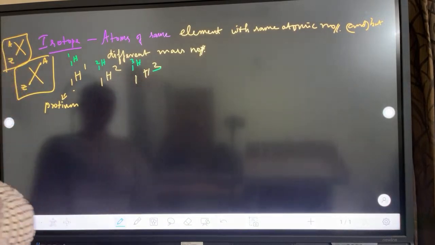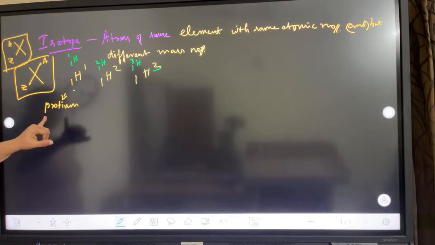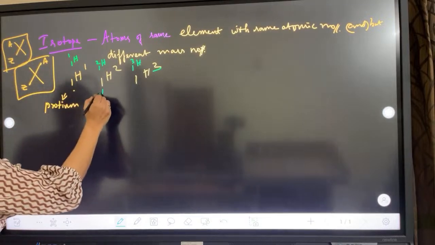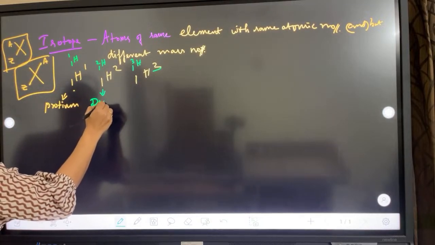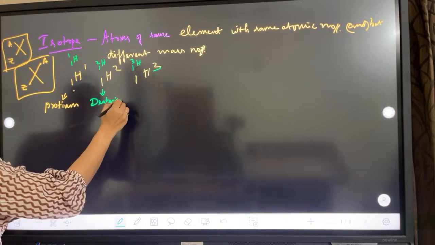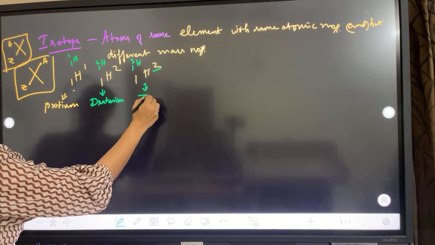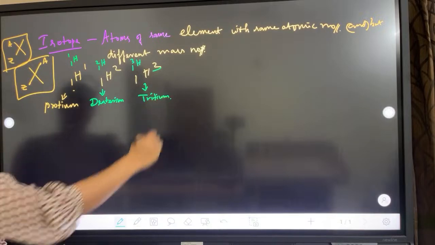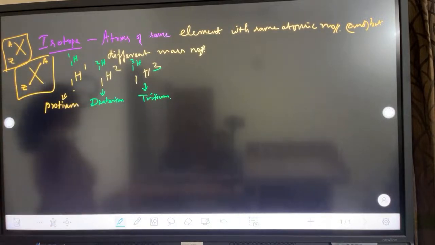Clear? So this is known as protium, this is known as deuterium, then this is known as tritium. Understood? So protium, deuterium and tritium.